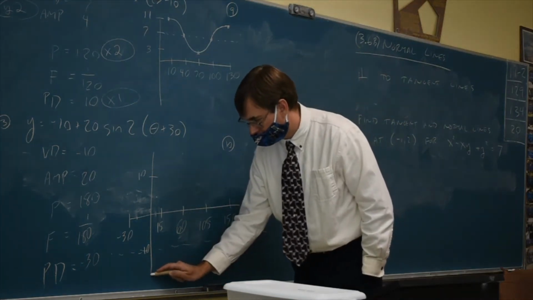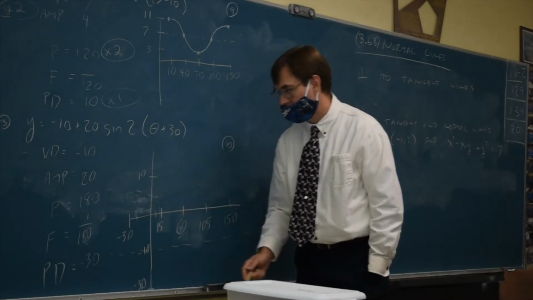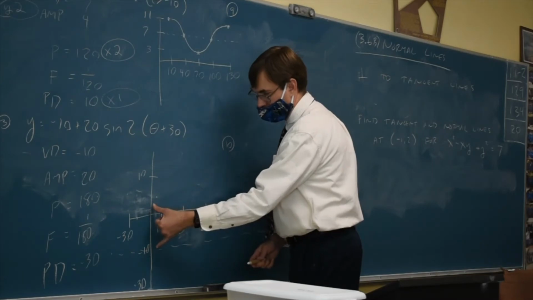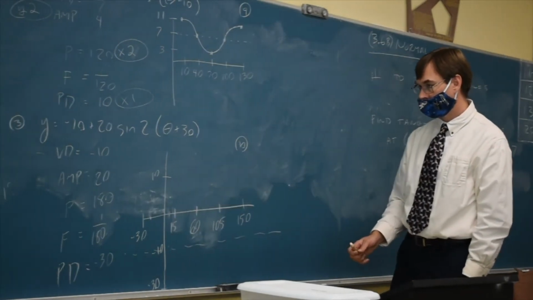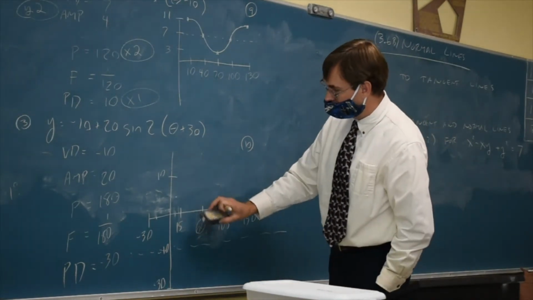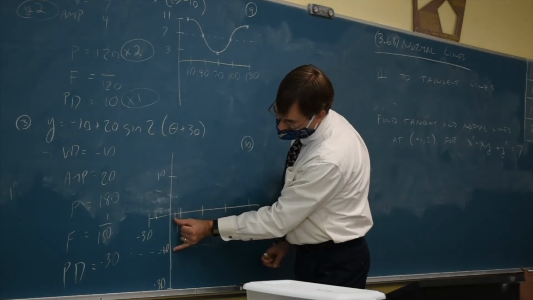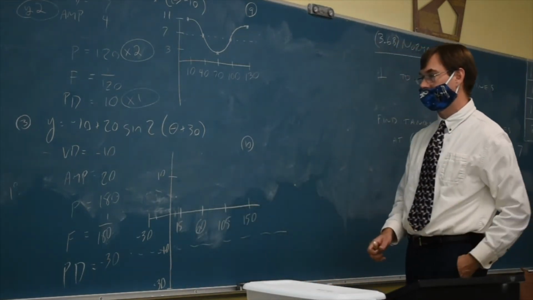Lowest low, negative 30. Picture not quite drawn to scale because obviously that is not the same gap as that, but life goes on. I could move this down a little bit if it makes you feel better, but it still would not be to scale because if that's 10, that's 10, that's pretty good, but that's not 20, but I'm out of board space, so sorry.